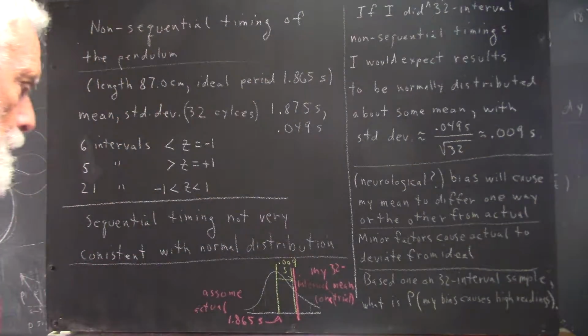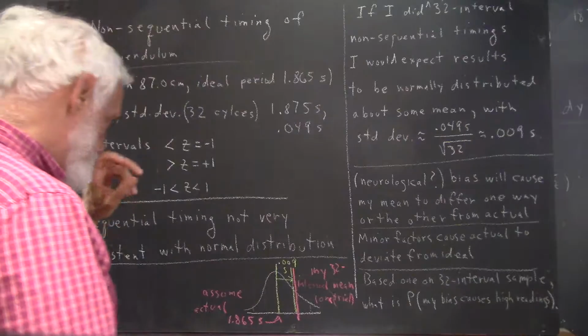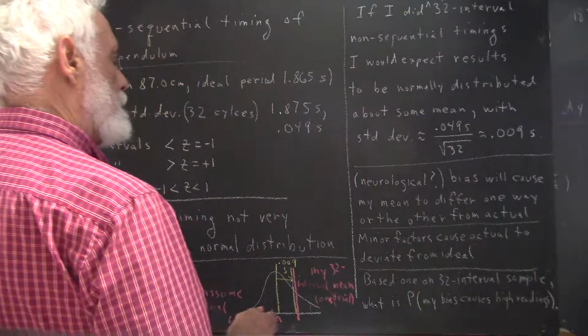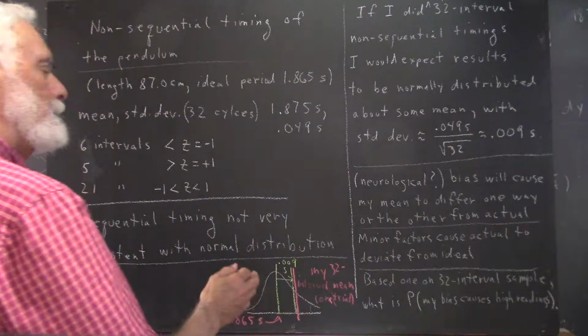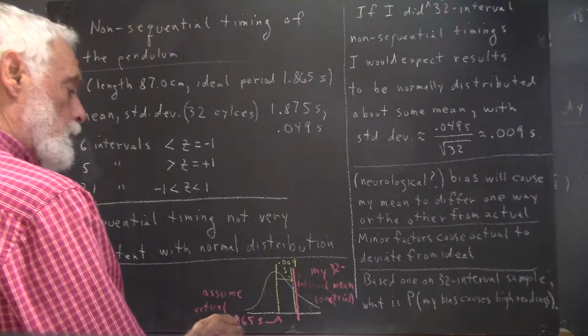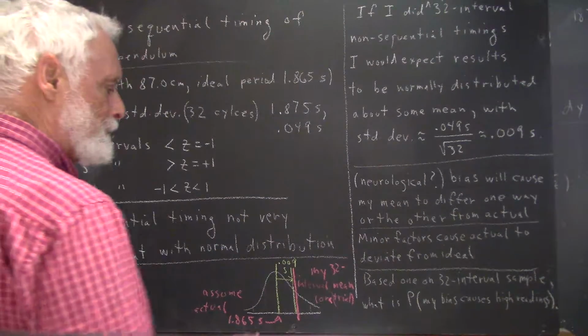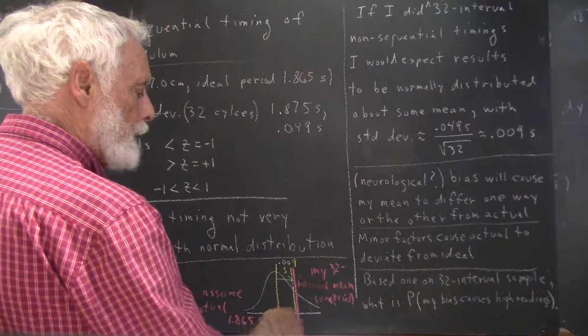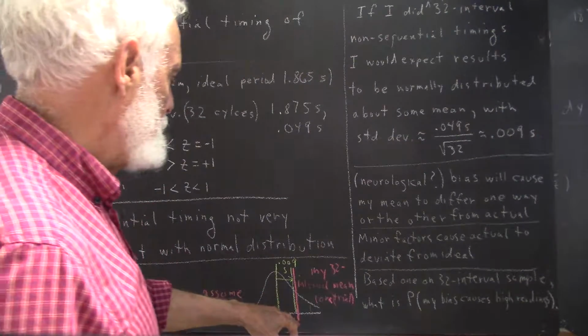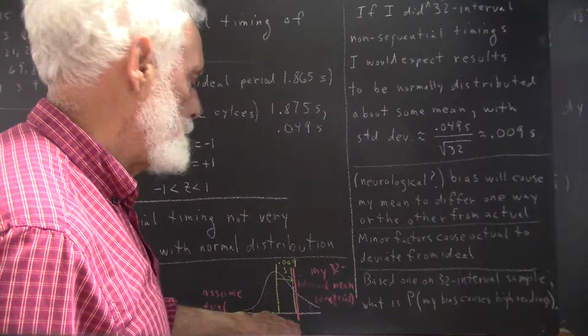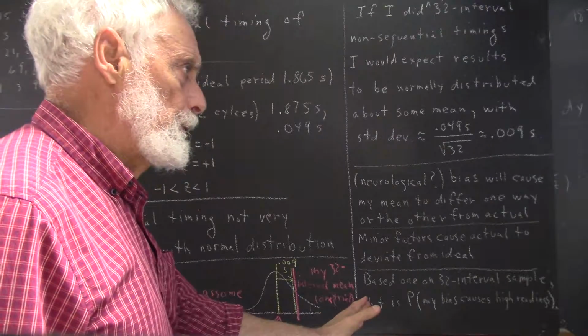Now, what's the probability that my mean is actually 1.865 seconds? Well, if I'm this far above the mean, that leaves only a little more than 10% of the distribution to the right.